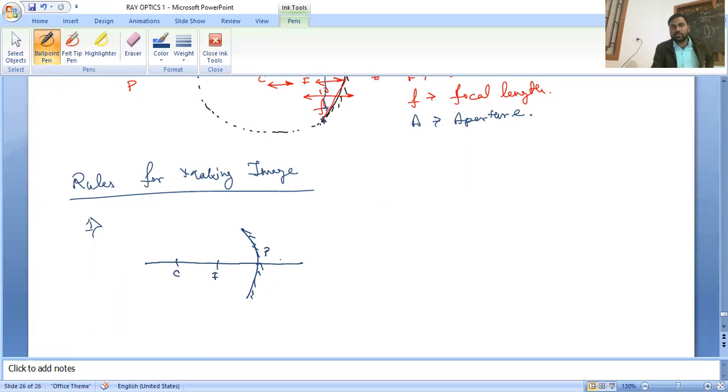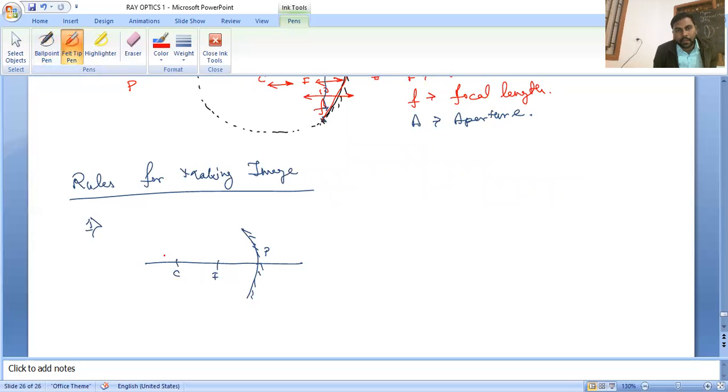So what does the first rule say? If a ray of light passes parallel to the principal axis and strikes the concave mirror, then after reflection it will pass through the focus, like this.